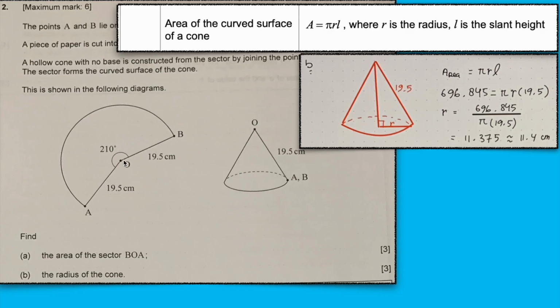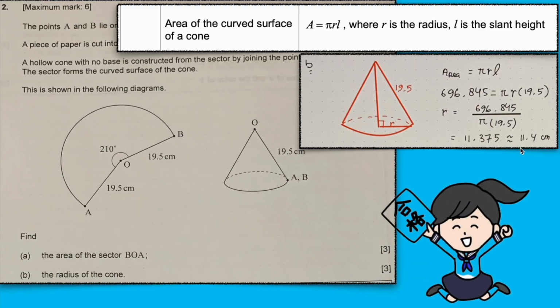This radius of the sector becomes l, the slant height. Therefore, we can calculate the radius of the base of the hollow cone. That's equal to 11.375. Round this up to 11.4 centimeters in 3 significant figures.